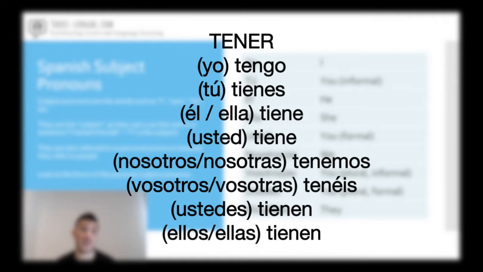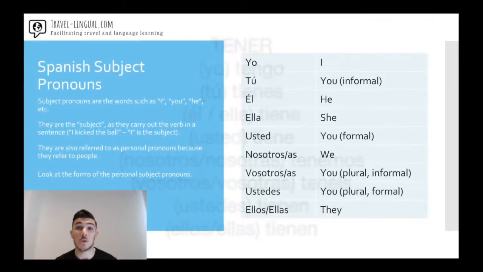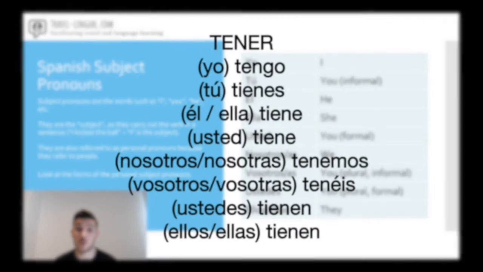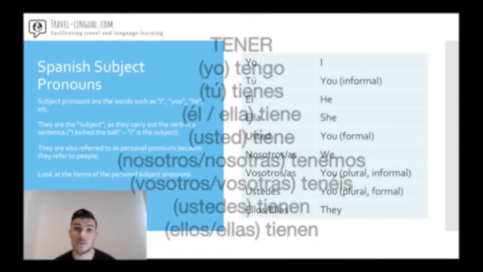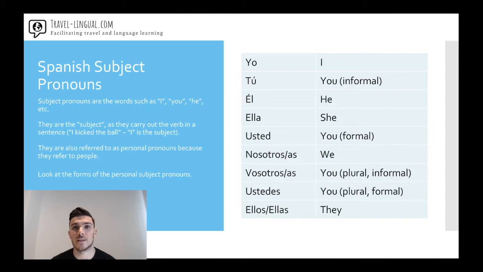I would use ustedes, only if it were a Spanish-speaking country, or they'd probably look at me a bit strange. But ustedes, okay, you plural, formal. Ellos and ellas, they. So ellos, they, group of guys. Ellas, they, girls. Ellos could be for mixed. These are our personal pronouns.